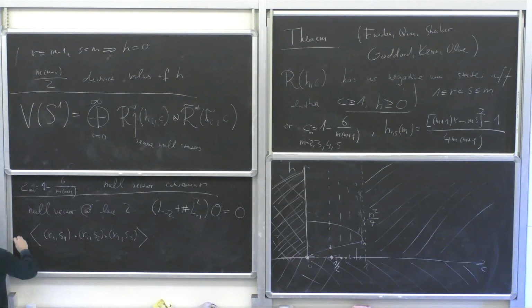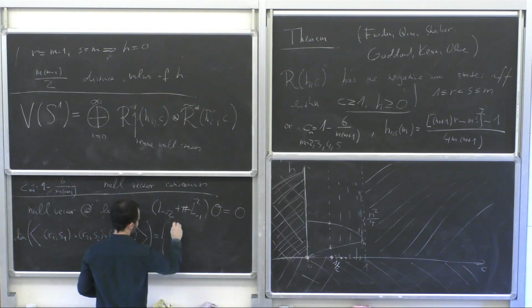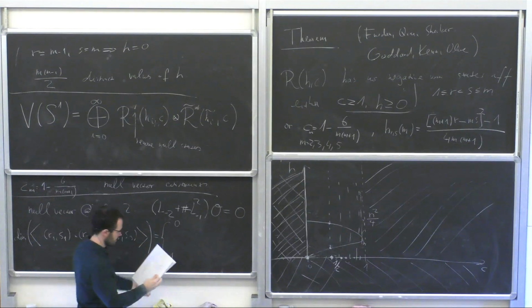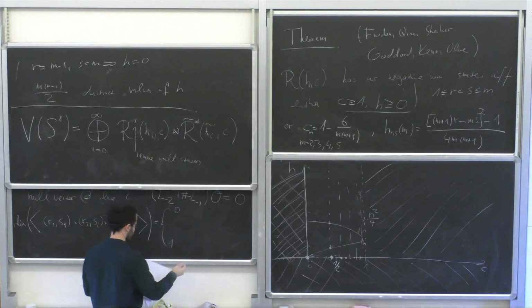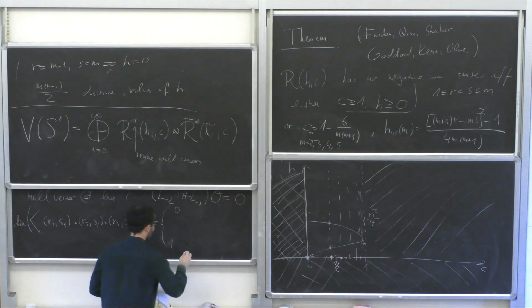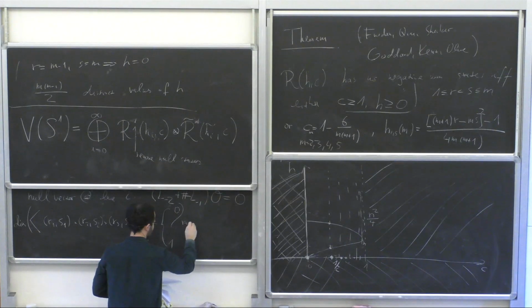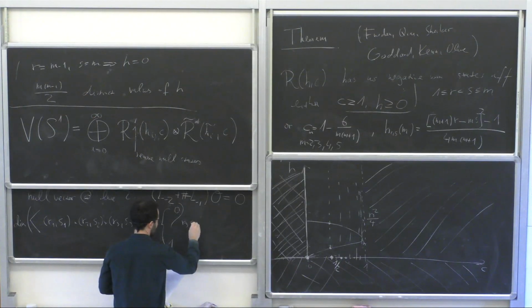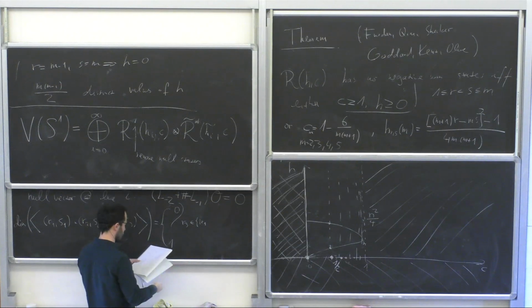The dimensionality of this space of 3-point functions is either 0 or 1, and it's 0 unless R3 satisfies some constraints as a function of R1 and R2.